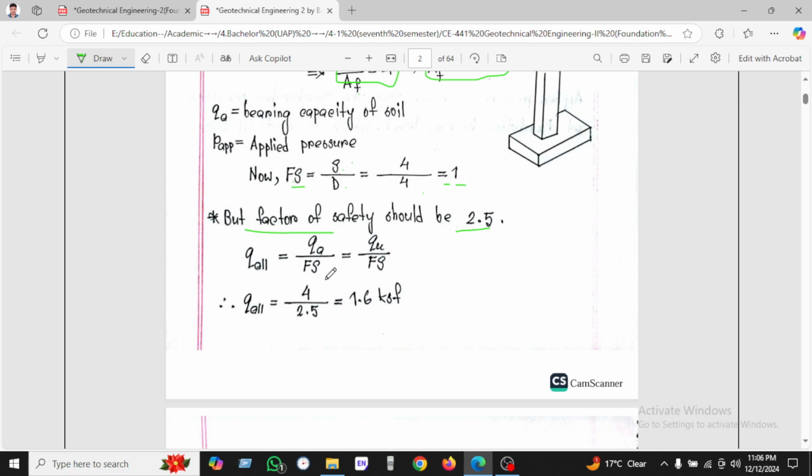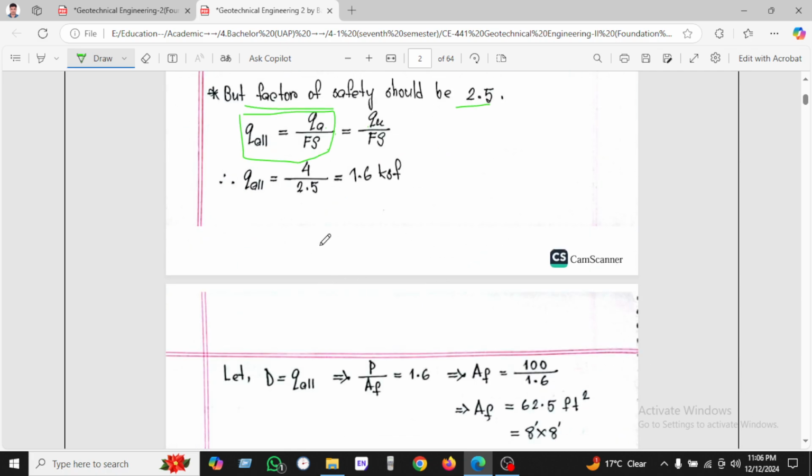So if we interchange this, then it will be Q allowable equals Q ultimate divided by factor of safety. So Q ultimate we know is 4, and with factor of safety 2, the allowable is 1.6.